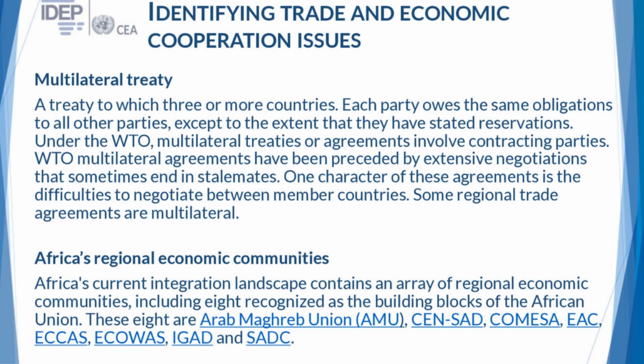Under the WTO, multilateral treaties and agreements involve contracting parties. The WTO multilateral agreements have been preceded by extensive negotiations that sometimes end in stalemates. One character of these agreements is the difficulties to negotiate between member countries. Some regional trade agreements are also multilateral in nature.